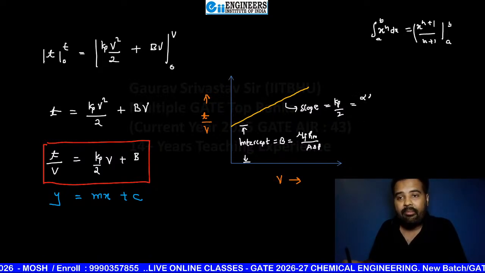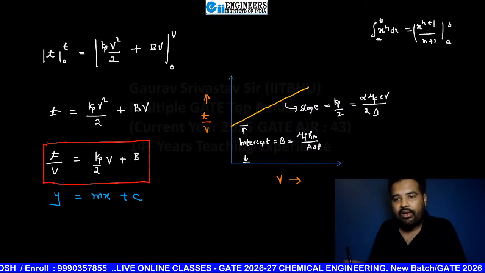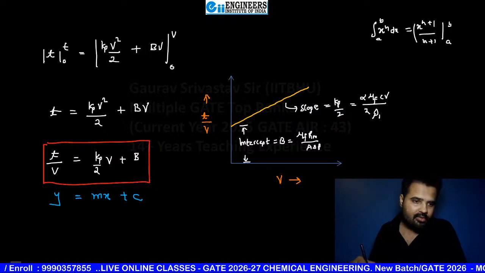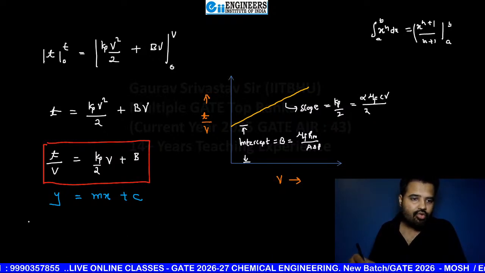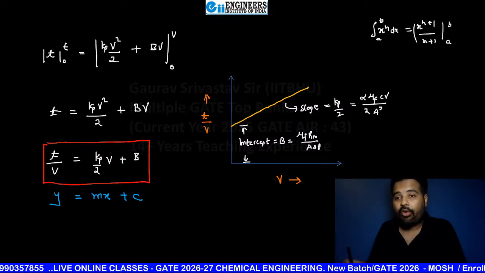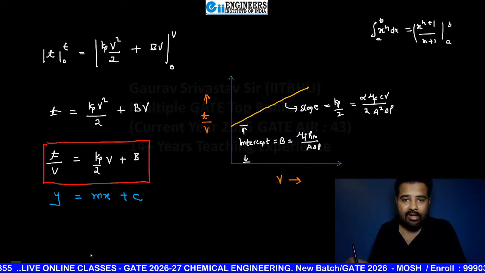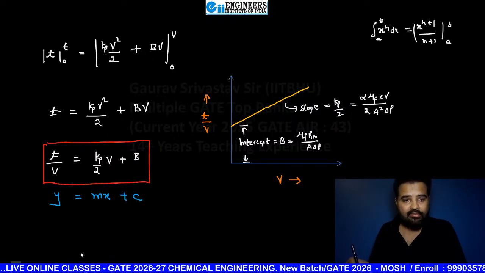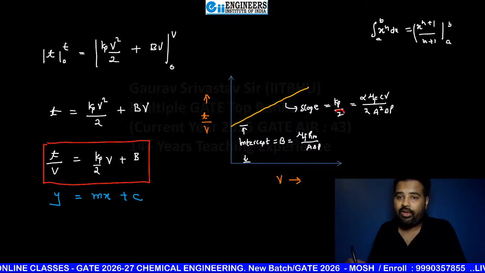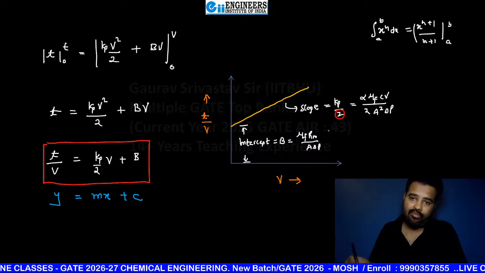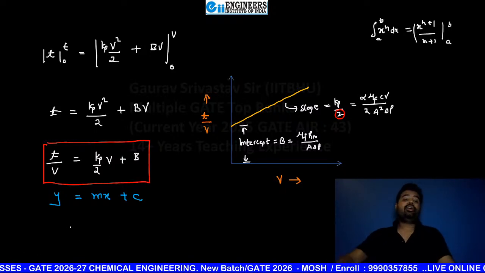Kp was alpha mu C V upon A square delta P. So the 2 is very important for you. And if I am telling you that you can make a silly mistake somewhere, then be careful. I'm circling it. Everyone crystal clear?